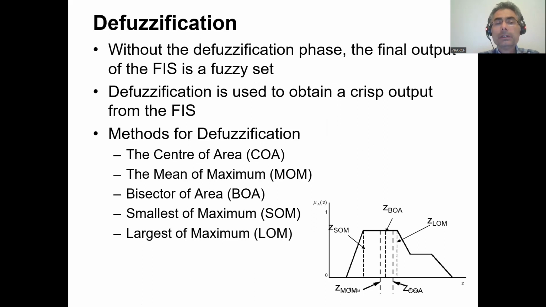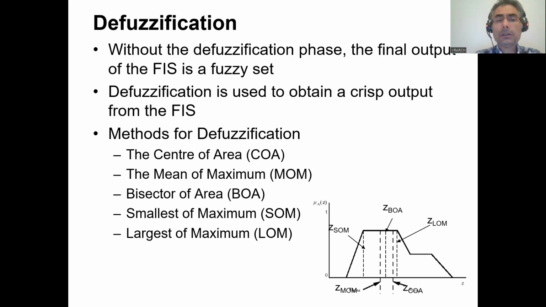And defuzzification is to obtain a crisp output from the fuzzy inference system. Actually, after defuzzification, the number is the one that you can use in real life. For example, you want to increase the speed of the car. Until defuzzification, you wouldn't know what speed you are going to apply. As soon as this is defuzzified, you will know which speed you are going to apply to the car.